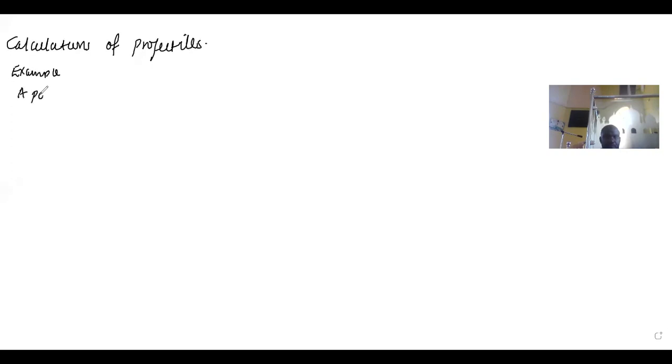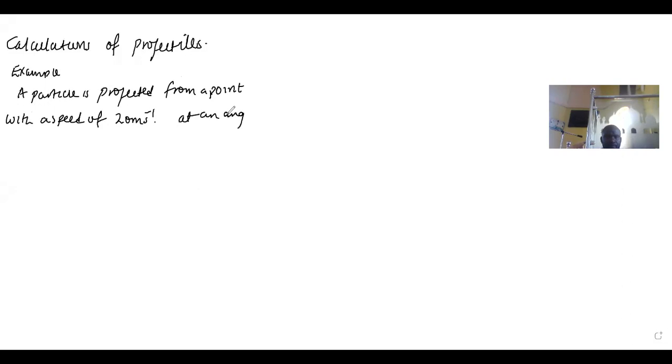A particle is projected from a point with a speed of 20 meters per second at an angle of 60 degrees to the horizontal.